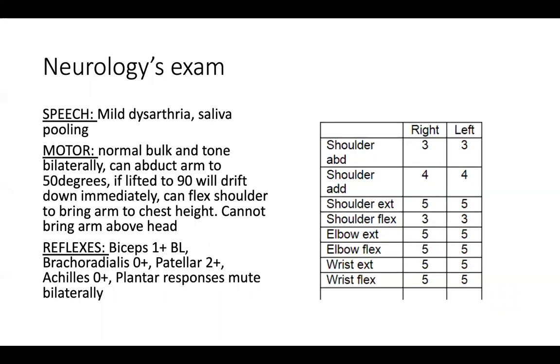And he did flex his shoulder to kind of cheat and bring his arm up higher, but he can't actually lift his arm up. His reflexes are abnormal. He has no brachioradialis or Achilles reflex, and the plantar responses were muted bilaterally. And then he has bilateral proximal muscle weakness at his shoulders.